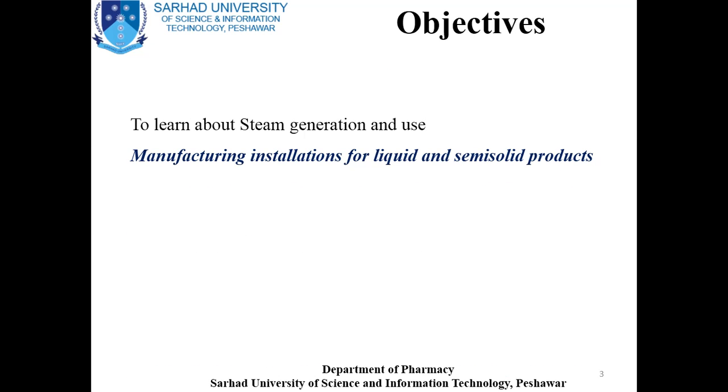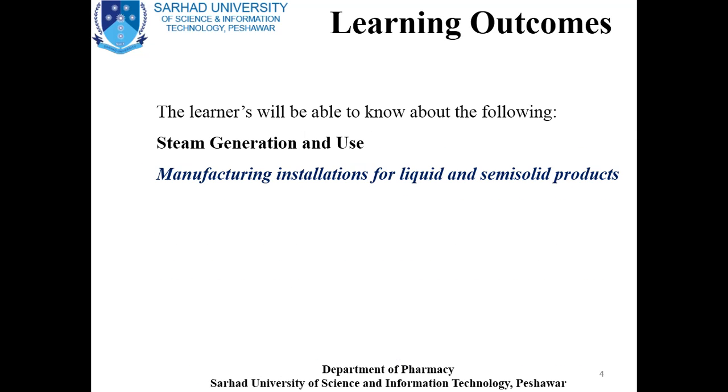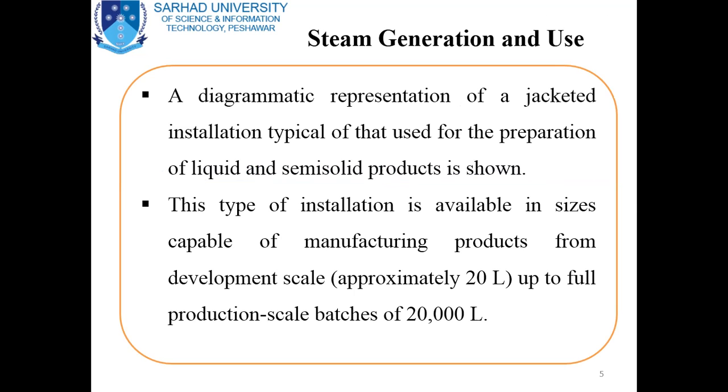The main objective is to learn about the steam generation and use for manufacturing installations for liquid and semi-solid products. After the completion of this lecture, you will be able to learn about steam generation and use and manufacturing installations for liquid and semi-solid dosage forms.